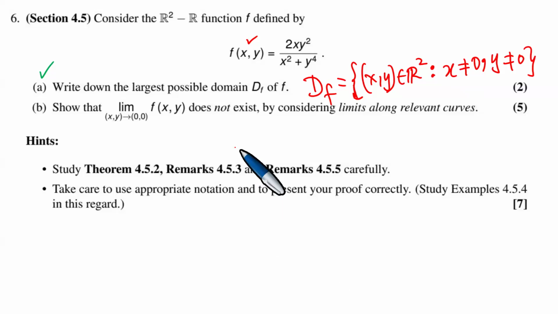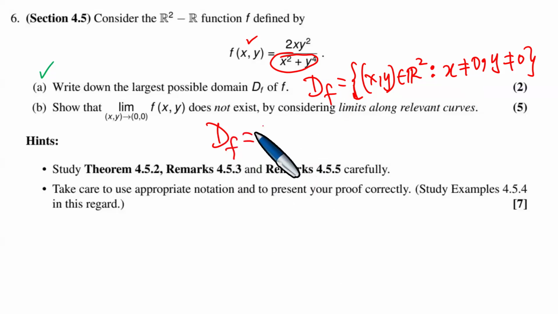This domain can be written in many ways. Another student can comment, okay, why? Because we are dealing with a rational function, and the only problem would be when the denominator is 0. For the domain, we need to perform restrictions such that the denominator is non-zero.